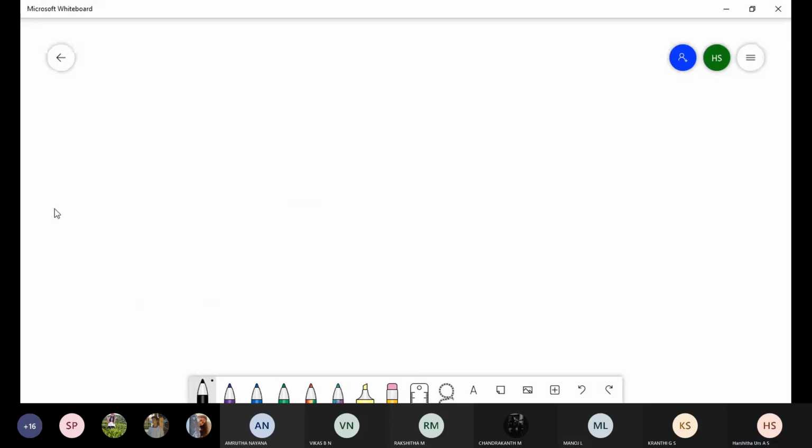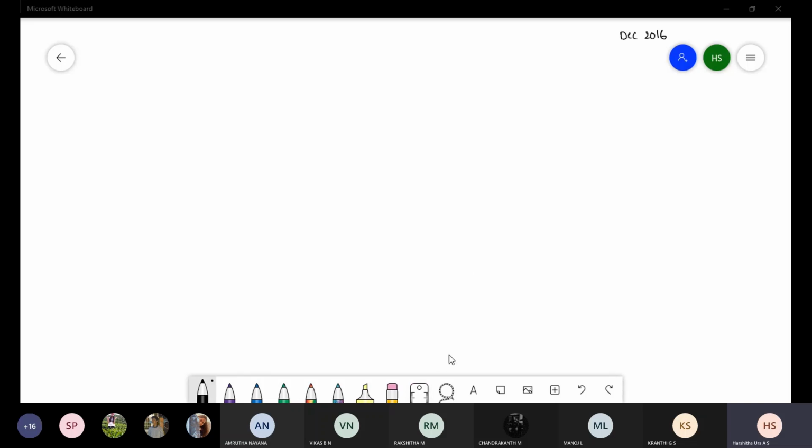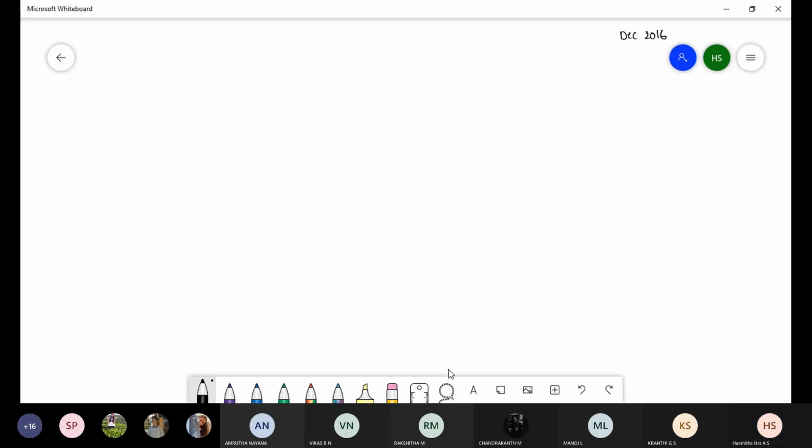Write the year of the question: December 2016. Lx plus My plus Nz is equal to phi of x square plus y square plus z square.